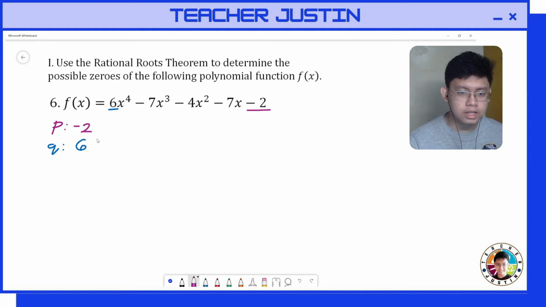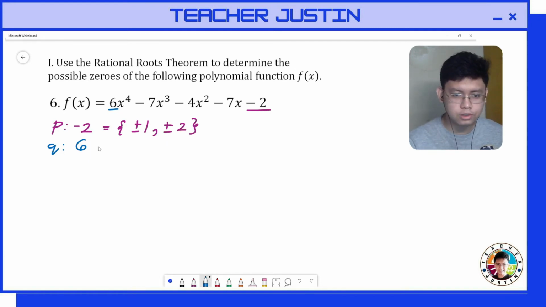After finding the values of p and q, we will find the factors of p and q. The factors of -2 are ±1 and ±2. Next, let's identify the factors of 6.